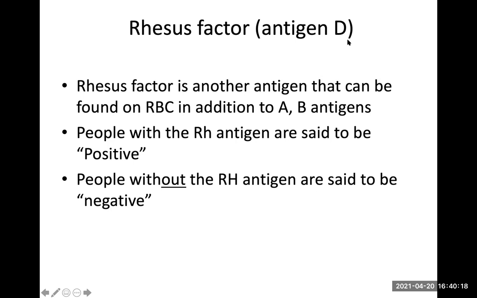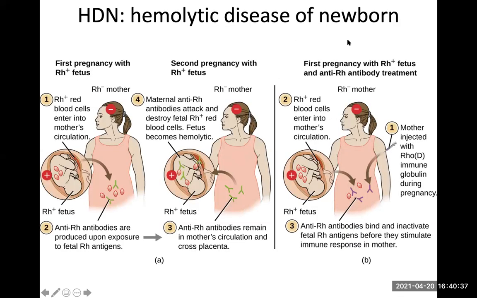That's the rhesus factor, the positive negative. If you have antigen D, if you have the rhesus factor, you are blood type such and such positive. If you don't have it, you're such and such negative. So this is particularly important when we look at blood transfusions and when we look at pregnancy.